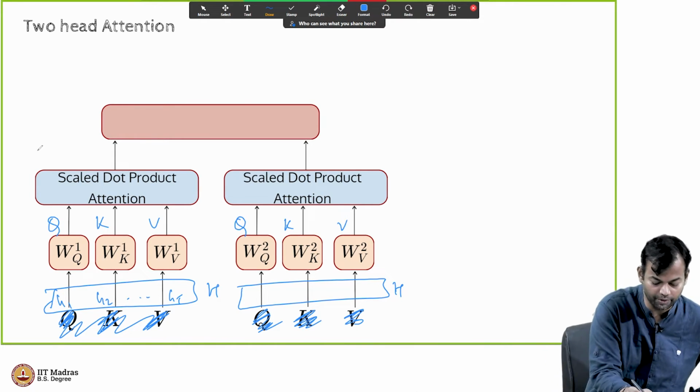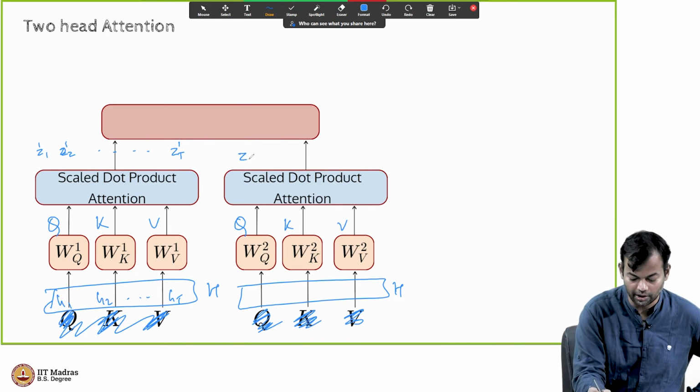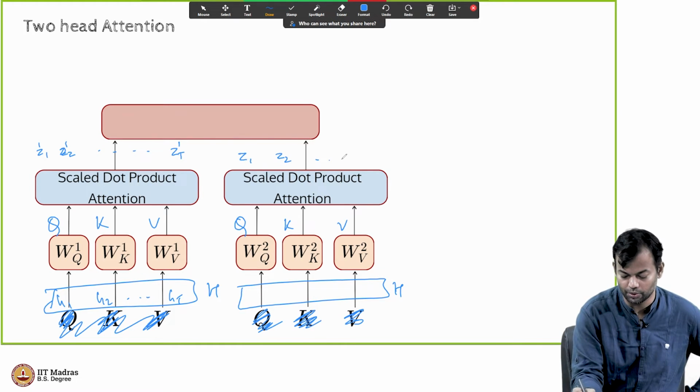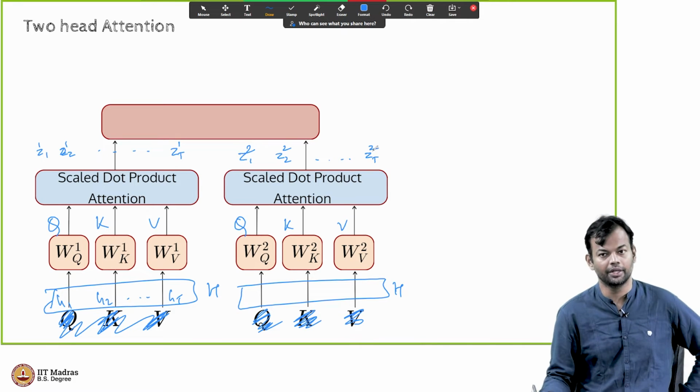Now this, as I said, would release Z1, Z2 all the way up to ZT, and I'll just call it Z1s, and this would give you Z1, Z2 all the way up to ZT, and I'll call it Z2s.